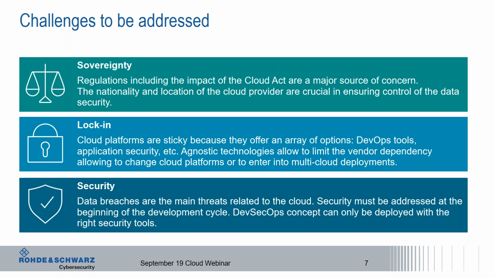The second challenge to be addressed is the lock-in. So yeah, the idea of Amazon, Microsoft and Google is to create services in order to increase the stickiness that you will have on their platform. They don't want to be only infrastructure providers, but to provide services on top of this.